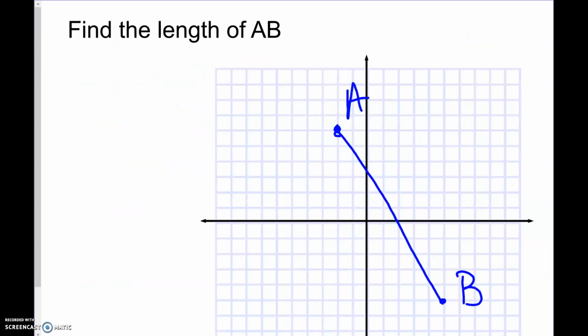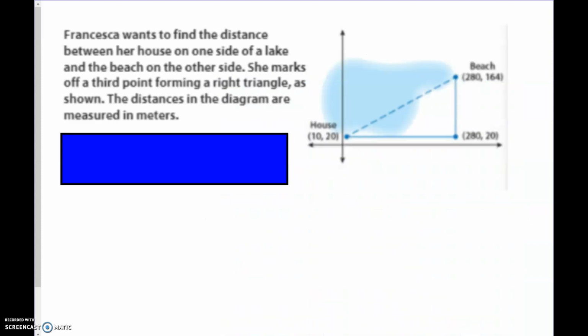One final example here that we're going to do is the reason for this formula. Do you guys want to graph the ordered pair 10, 20? That's not horrible. But how about this one right here, 280, 164? Do you want to graph that so that you can do the Pythagorean theorem? Well, some of you might, and some of you might not. So that's why we have this distance formula.